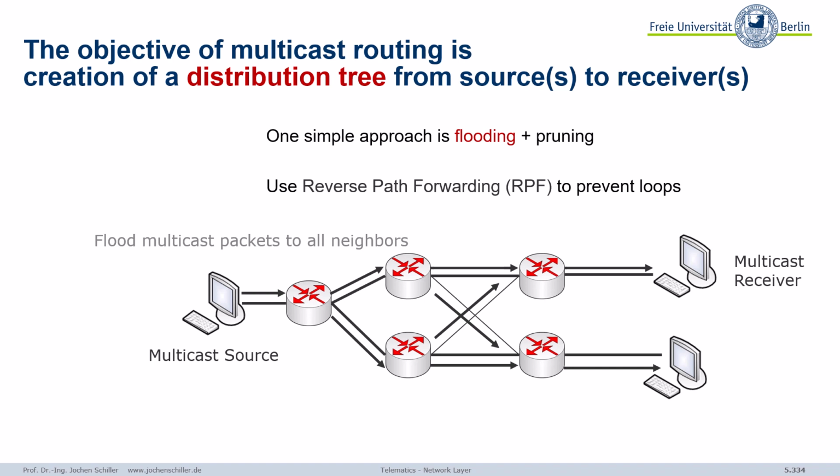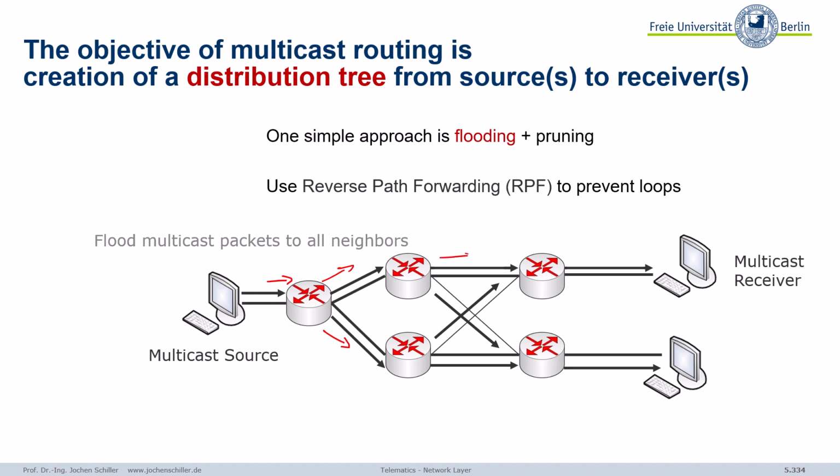One approach is flooding and pruning. What does it mean? Well, the multicast source itself can flood the traffic, send it to the next router, and flooding means we flood the multicast packets to all the routers. Only the multicast packets. We're not talking about unicast. So multicast from the source.